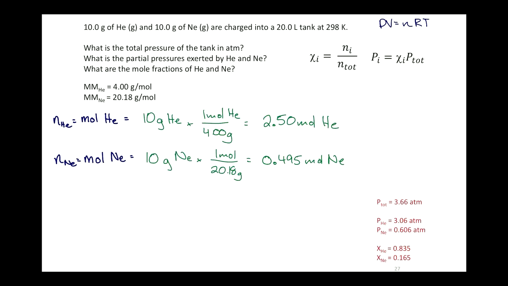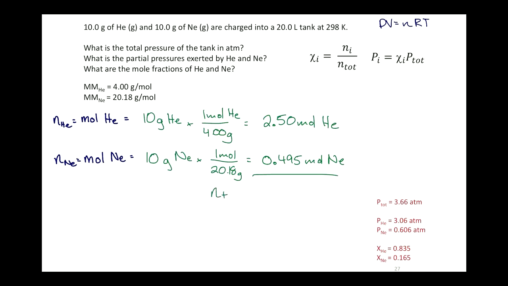Which particle is exerting more of the pressure of the total sample? Both of those things are present in this container. So which one is contributing the most to the pressure of this system? Helium, yeah, because there are just more particles present. And there are a couple ways that we can approach this next question. In our container, we have moles of helium, moles of neon.